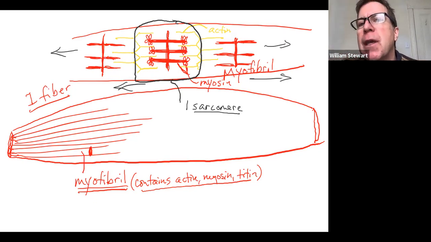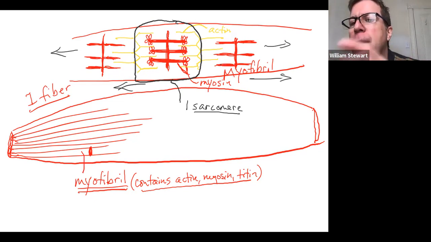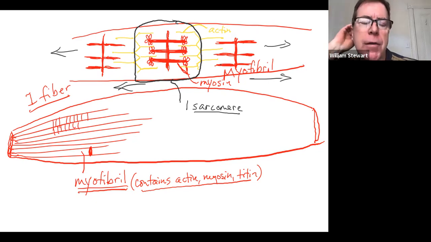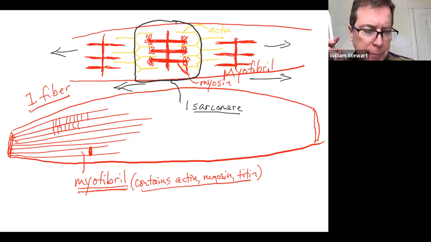And it's this repeating, overlapping pattern of myofilaments, actin and myosin, throughout the myofibril that gives muscles their striped appearance, those striations. What we call those stripes is really just the microscopic, repeating banding patterns of the overlapping myofilaments.